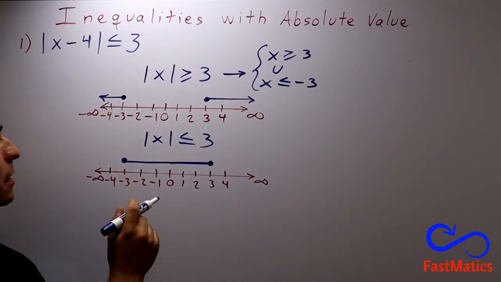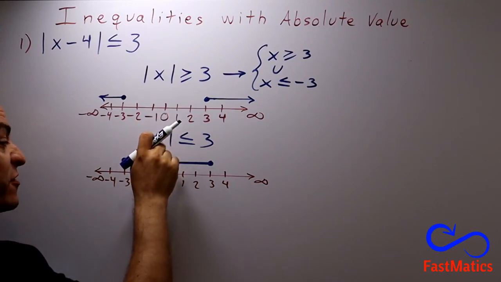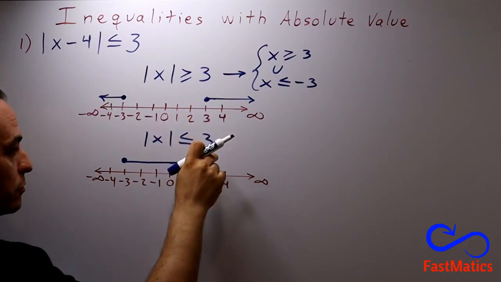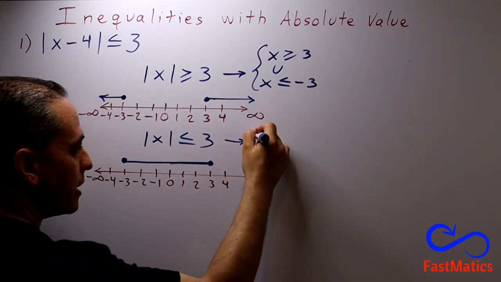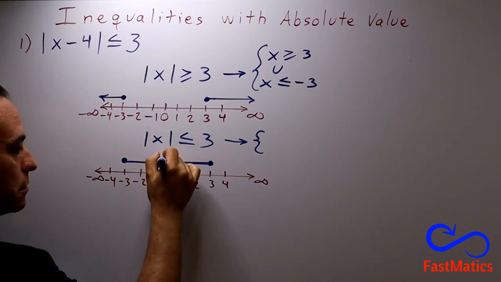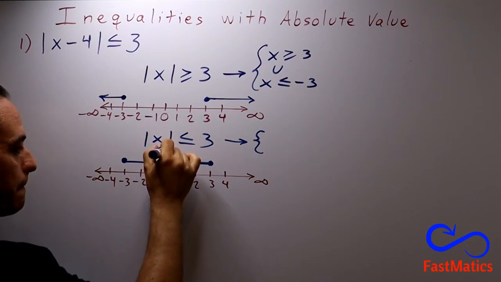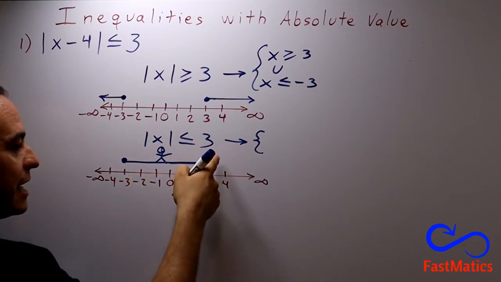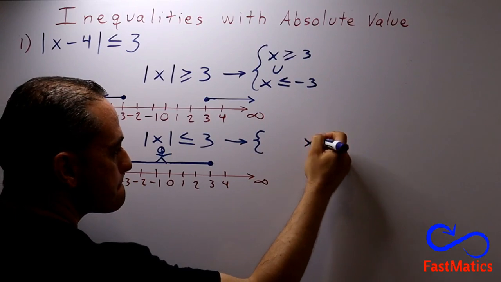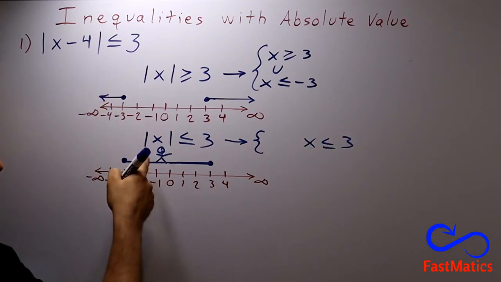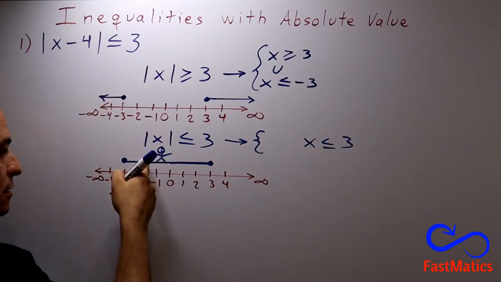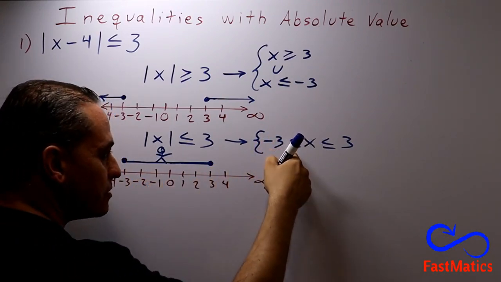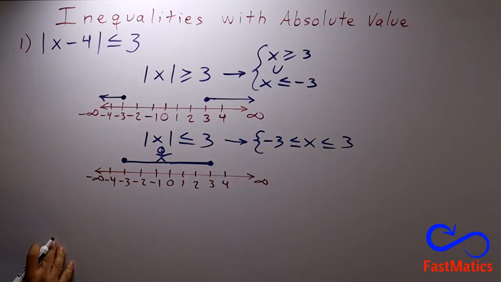Then, when you have the absolute value of something less than or equal to another number, imagine you are here: you are at a number that is less than or equal to 3, but at the same time you are at a number that is greater than or equal to negative 3.